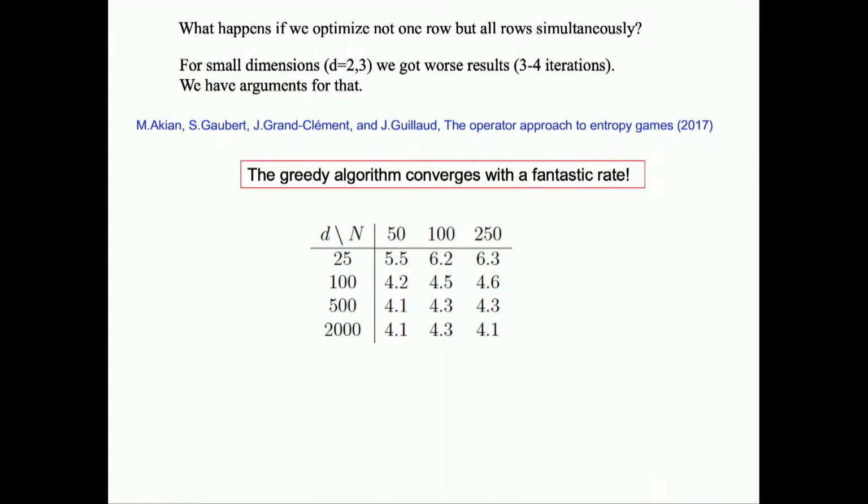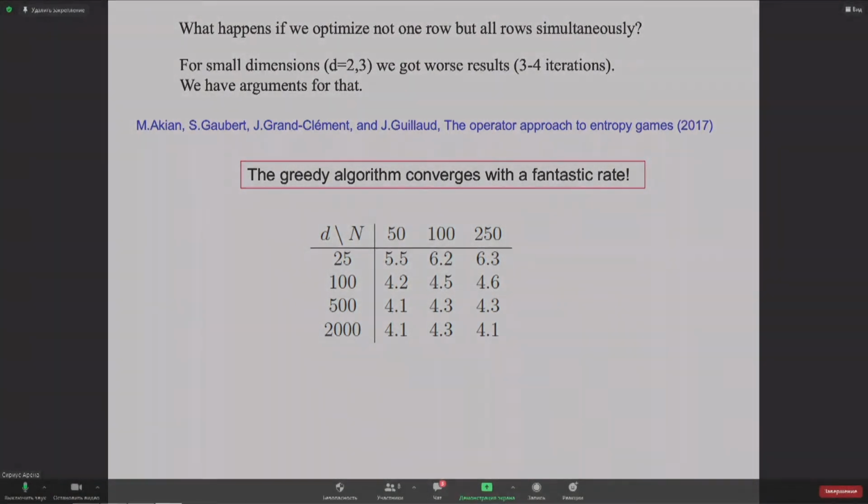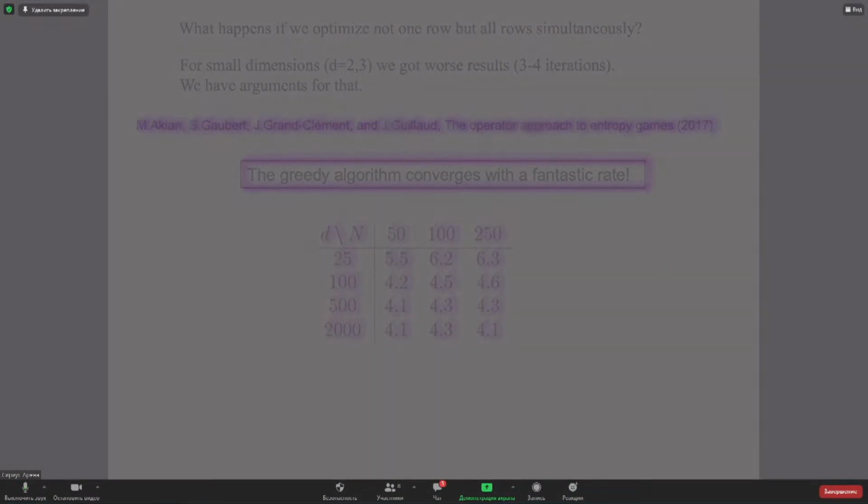And for high dimensions, the result was quite unexpected, because in high dimensions, it works much better than in low dimensions. So you see that in dimension 2000, this greedy strategy, when we once compute the eigenvector and then optimize all rows, in average, after 30 or 40 experiments that he made, it takes 4 to 10 iterations.